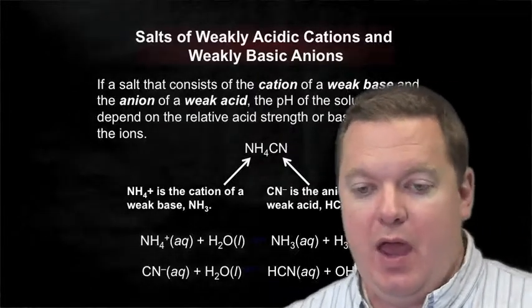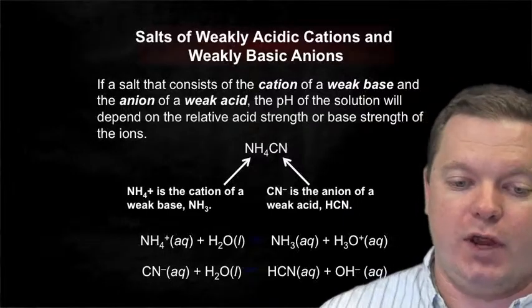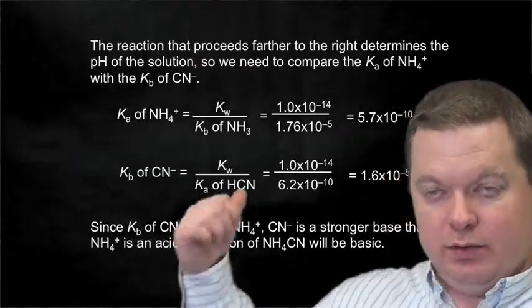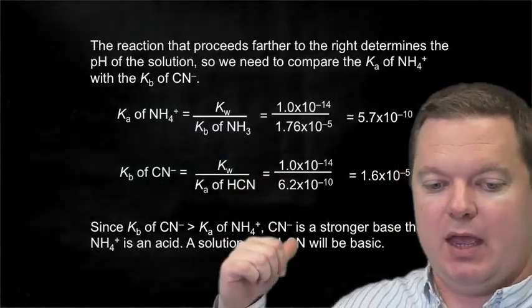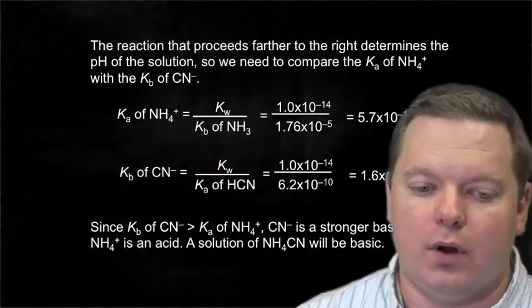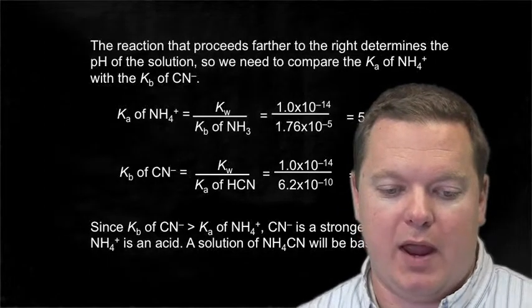So the pH, if you want to follow it that way, we can calculate the Ka values for each one of those by dividing it by Kw. Right? You see both of them have a K value. The Kb here is going to be larger than the Ka for the NH4, so it is a stronger base.